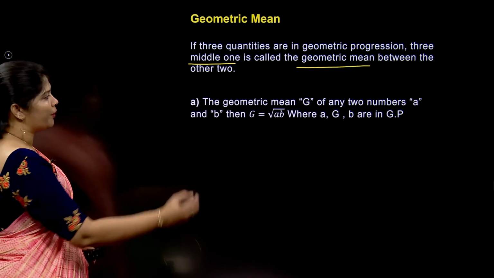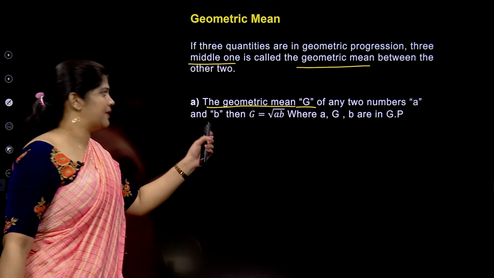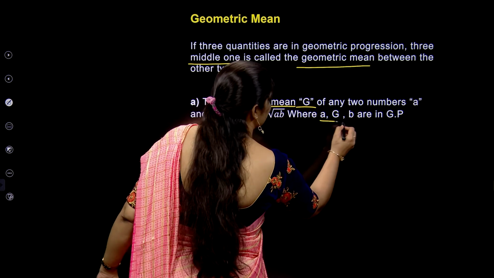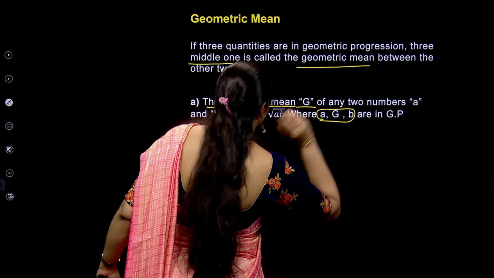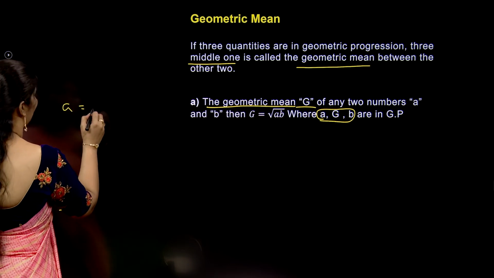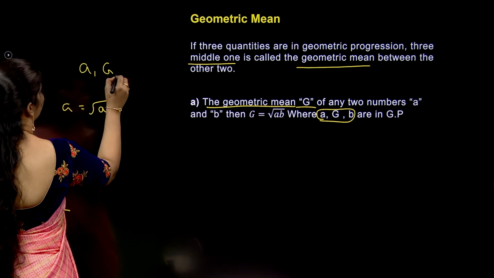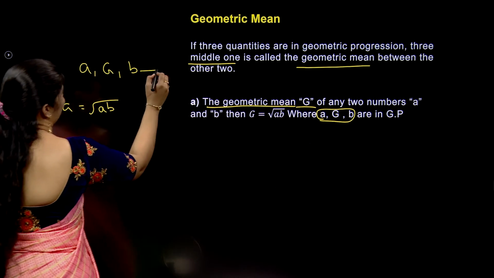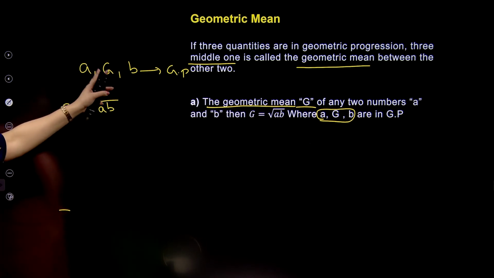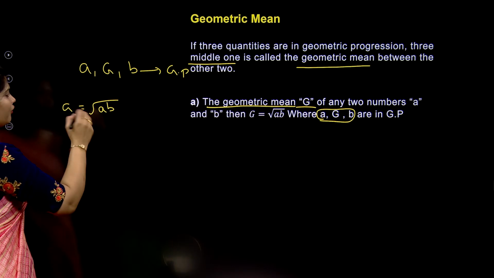Then the geometric mean G of any two numbers A, B: if A, G, B are in GP, what is the geometric mean? G equals root of AB. A, G, B in GP, then the geometric mean of these three terms is G equals root of AB.